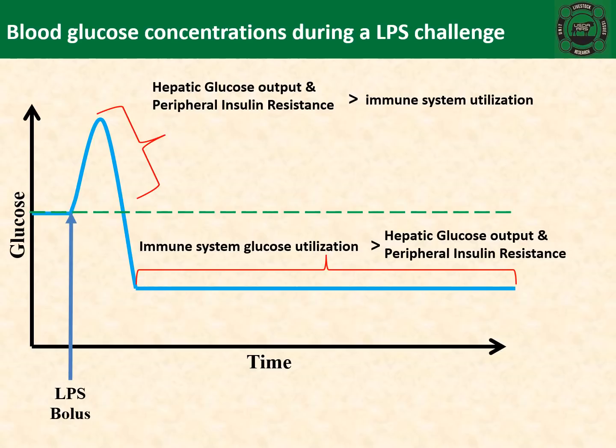During the initial stage of immune activation, hepatic glucose output and peripheral insulin resistance is greater than the immune system's utilization of glucose. However, with continued activation of the immune system, glucose is rapidly utilized at a pace that is greater than hepatic output of glucose, and the animal enters into a period of hypoglycemia.